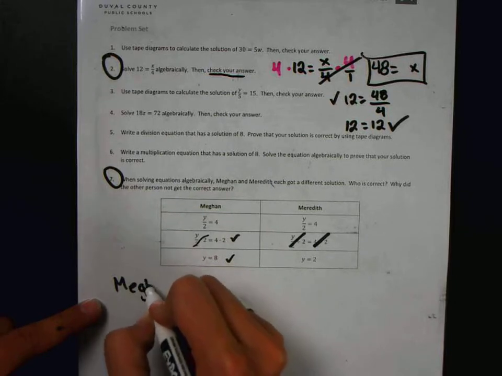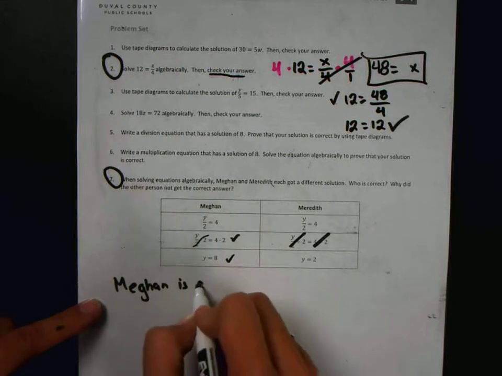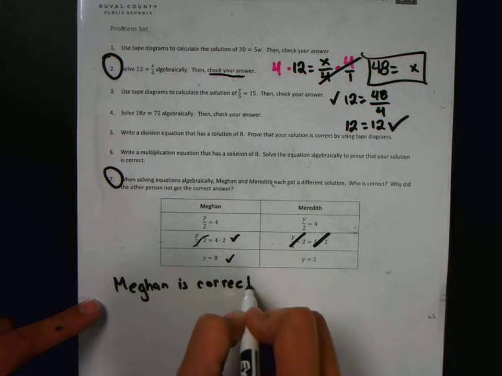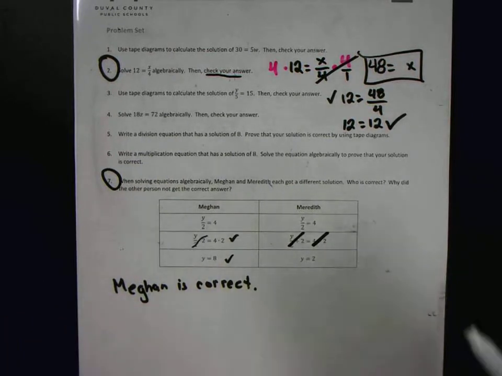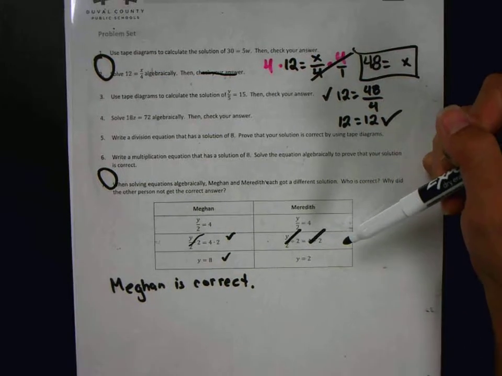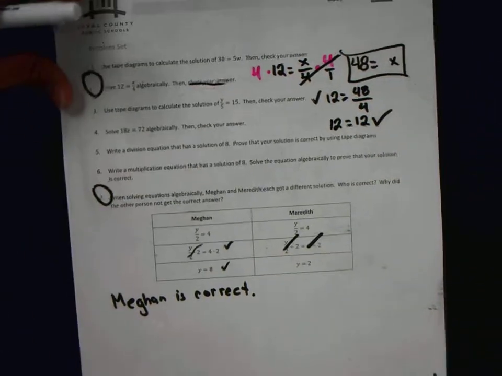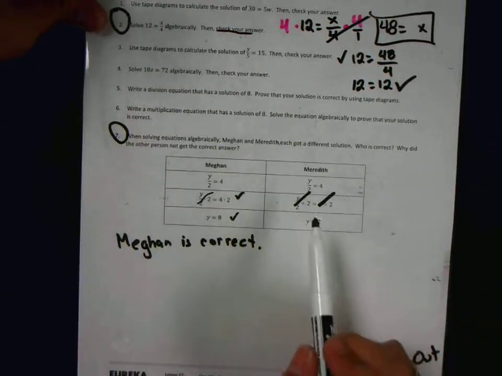Megan is correct. And it says, why did the other person not get the correct answer? So why was Meredith wrong? What did Meredith do that got her incorrect answer? Well, she divided both sides by 2 instead of multiplying both sides by 2.